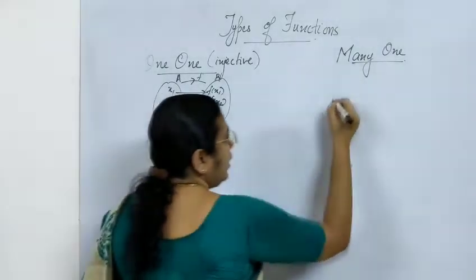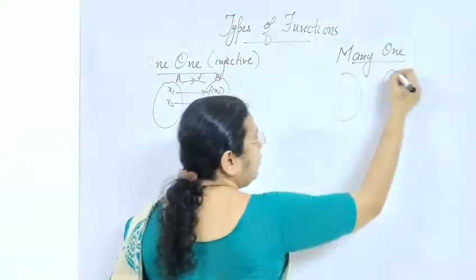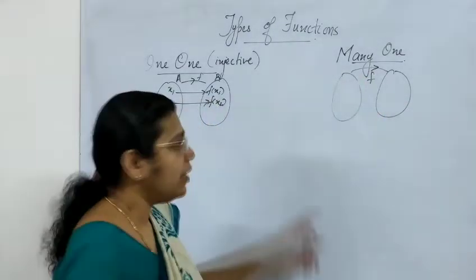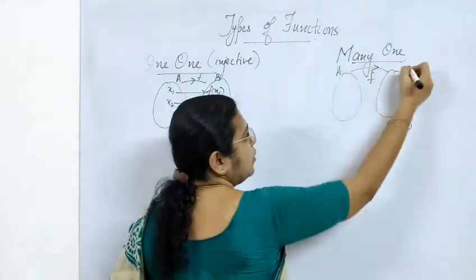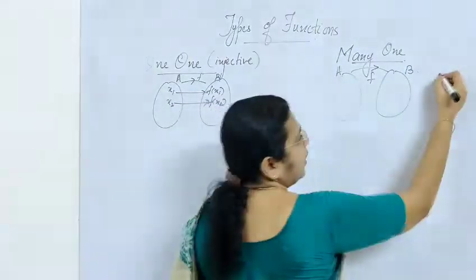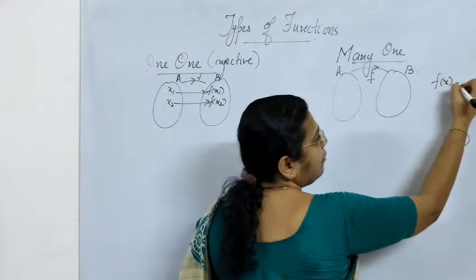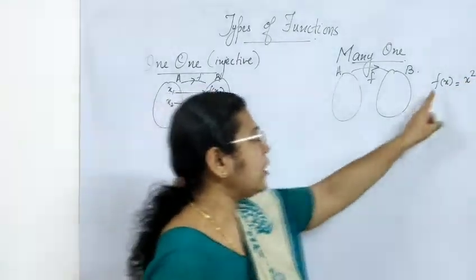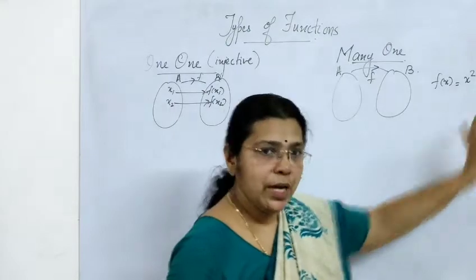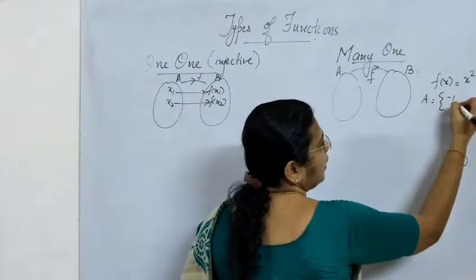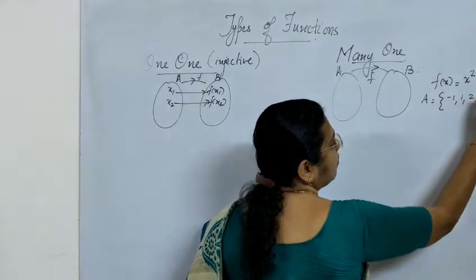Now, to understand a many-one function, again I say f is a function from set A to set B. Here I shall give you an example. The function f of x is equal to x square, and the set A is equal to -1, 1, 2 and -2.